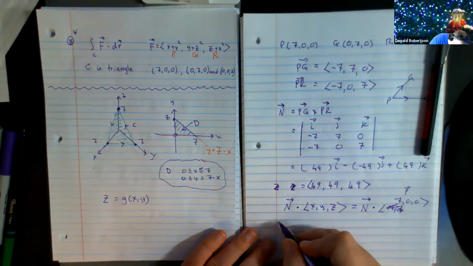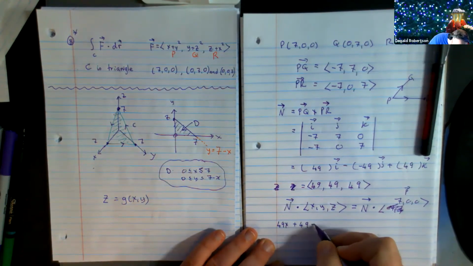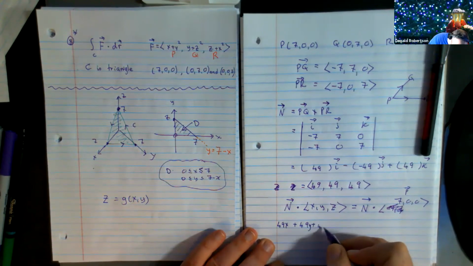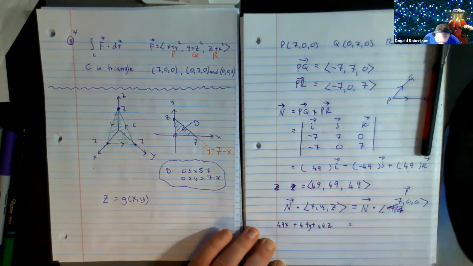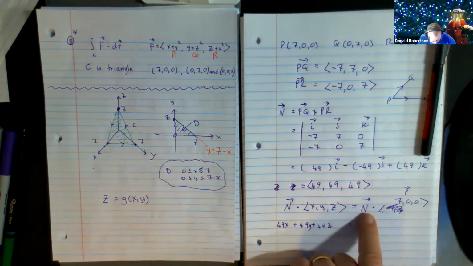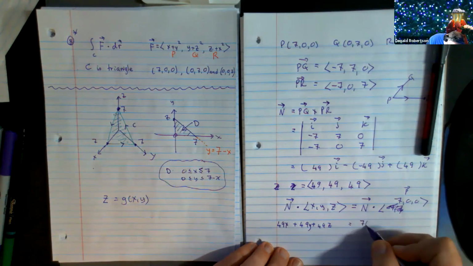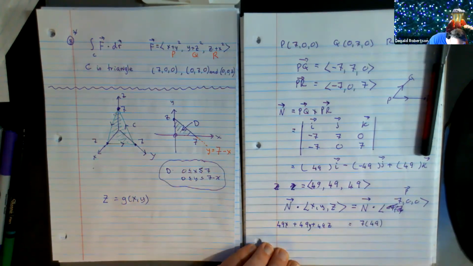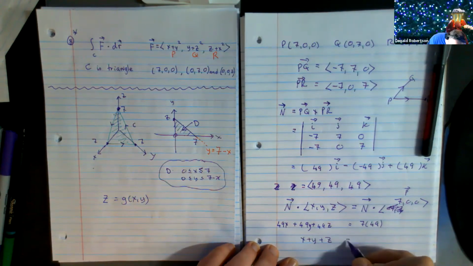So I get 49x, 49y, 49z, and basically the dot product of that is whatever 7 times 49 is. So I can get x add y add z equals 7.